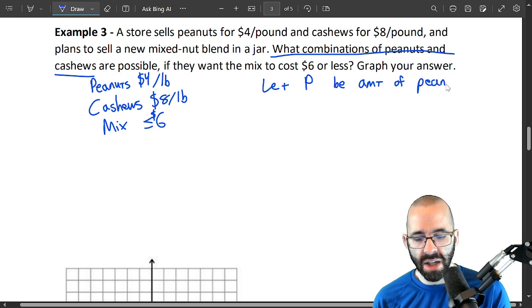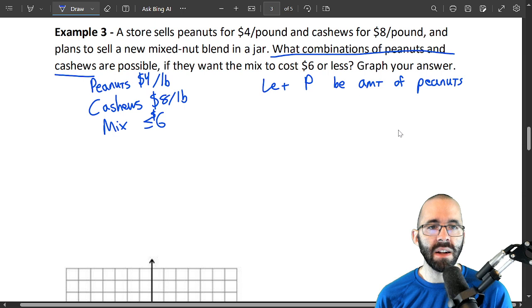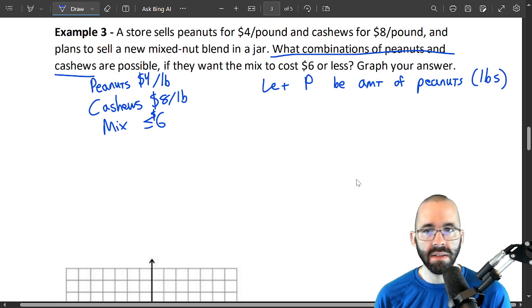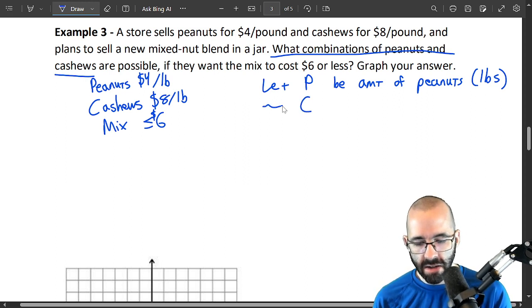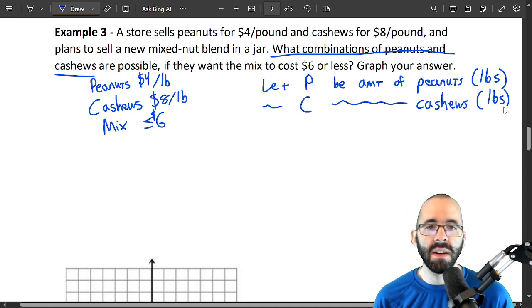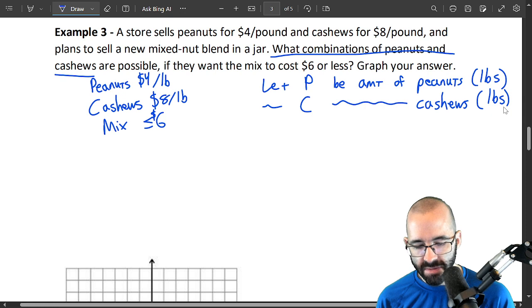And what are our units going to be here? We want to know how many peanuts we're putting. Let's not count the peanuts. That would be silly. Let's say it's how many pounds of peanuts. And then C be the amount of cashews, again, also in pounds. I'm using the squiggles to just not write the thing that's right above it.